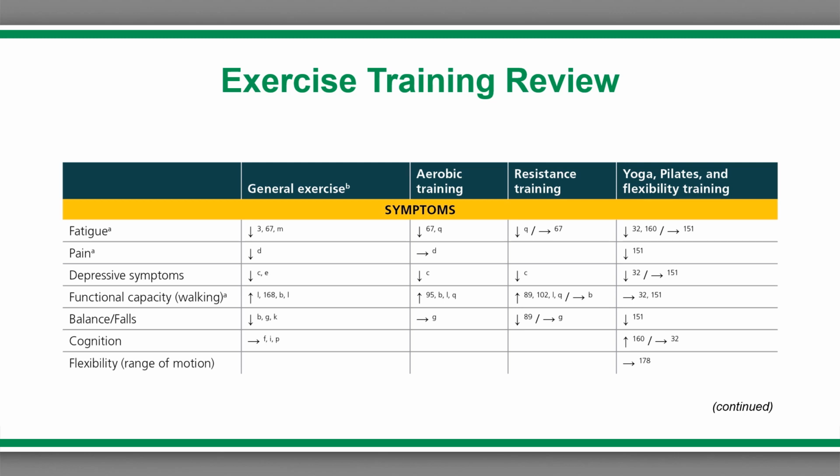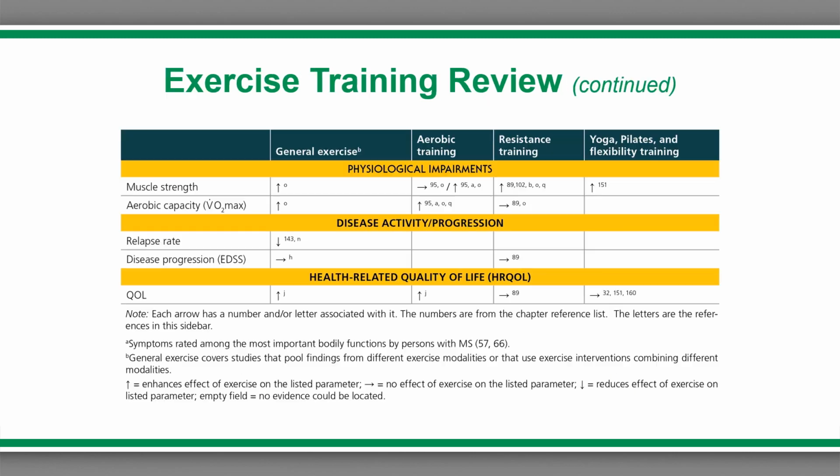Those other flexibility, strength, and balance types of exercises have really great benefits for mental health. I think it's great. There's not a lot of work with cognition with aerobic and resistance training. I think that's coming. That's an area that needs a little bit more work. But generally speaking, we have really positive benefits for a variety of types of exercise for individuals with MS.